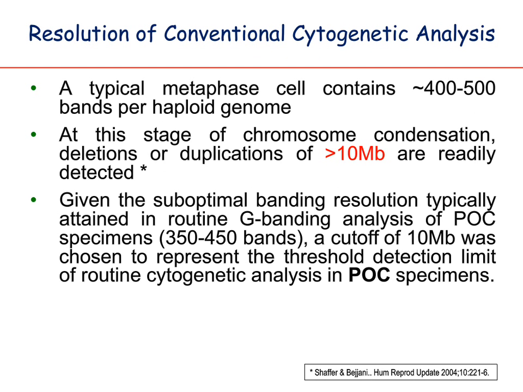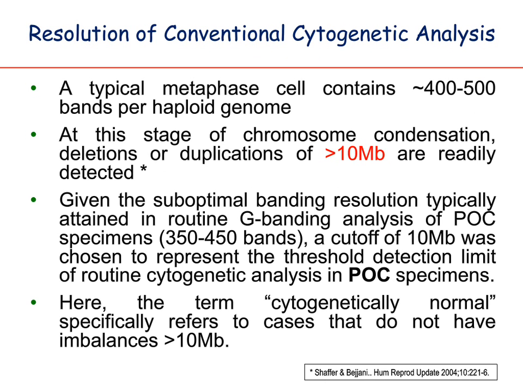You typically see banding resolutions at the 400 to 450 level or below. And so using a cutoff of 10 megabase was chosen to represent the threshold detection limit of routine cytogenetic analysis that we typically see in miscarriage specimens. So when we talk about cytogenetically normal in this study, we are specifically referring to cases that do not have imbalances greater than 10 megabase.